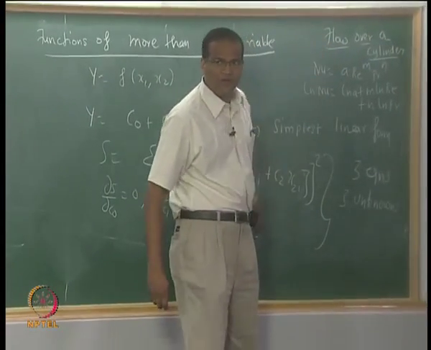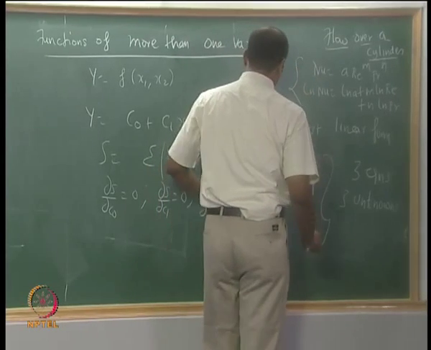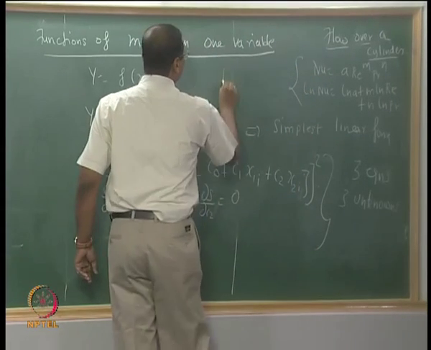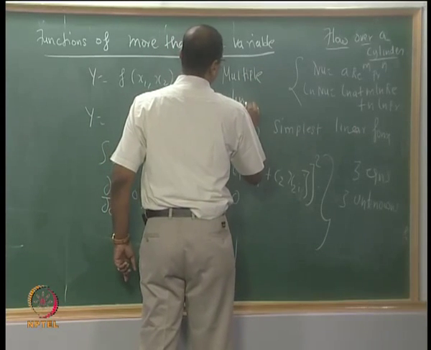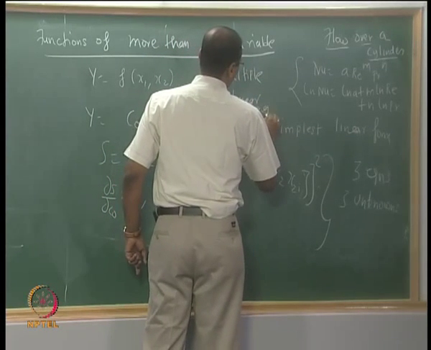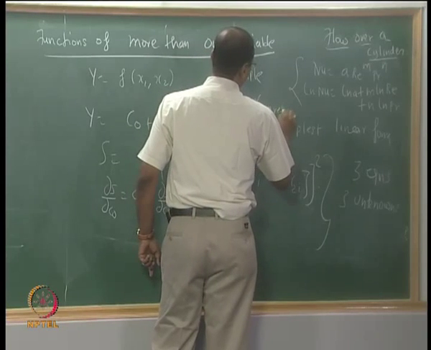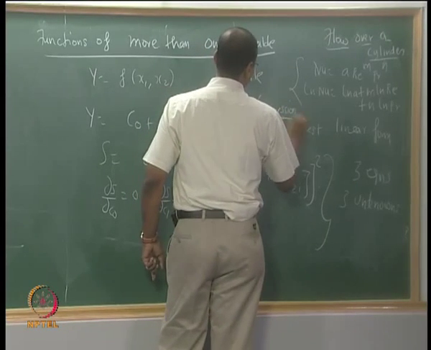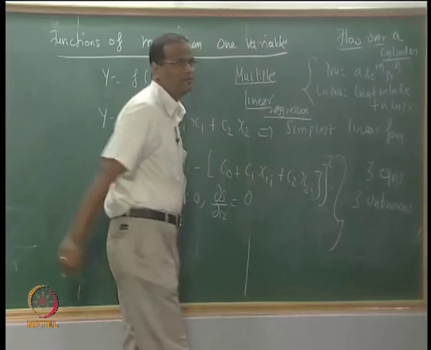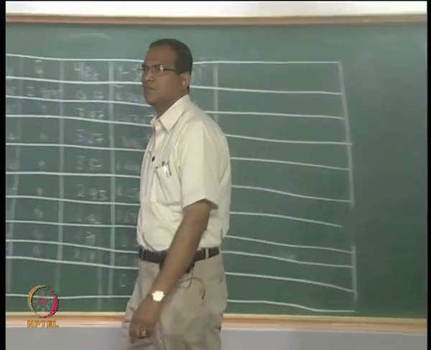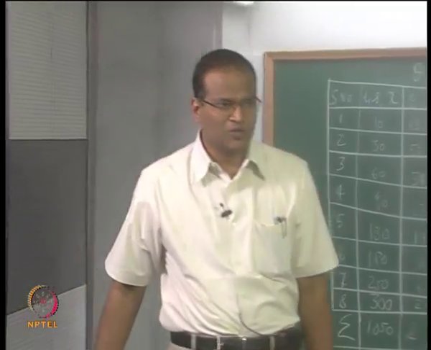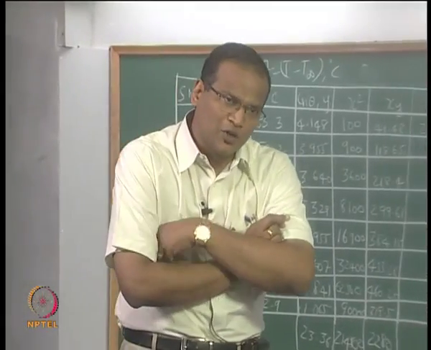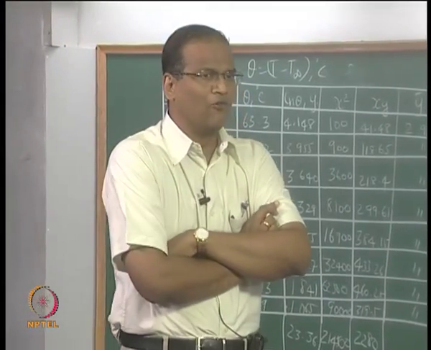Okay, this power law, right, so this is called multiple linear regression. So it is not only that you have to stop with one variable, you can do several variables, and it is not that you should always have only a straight line if it is a power law form also.